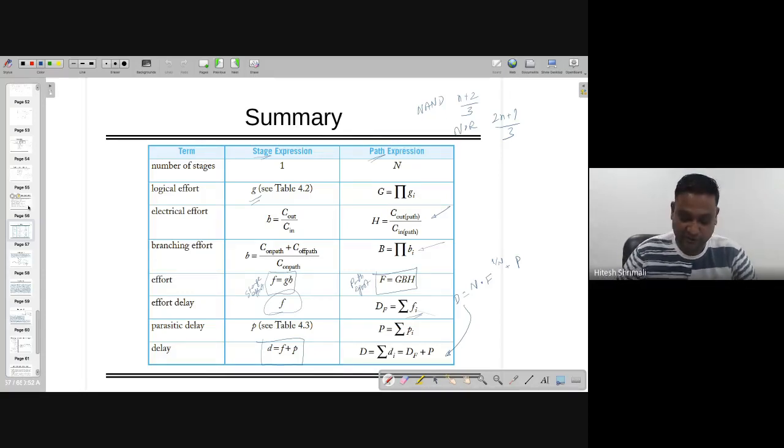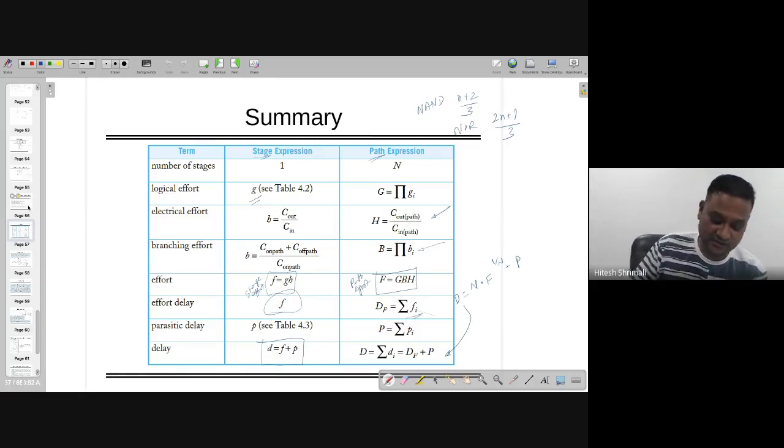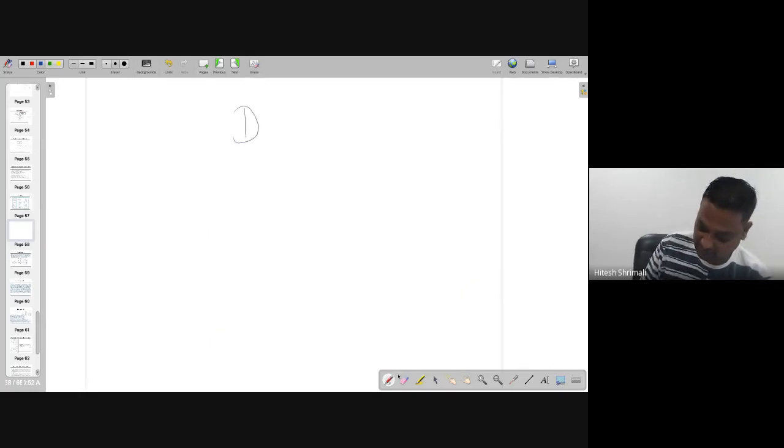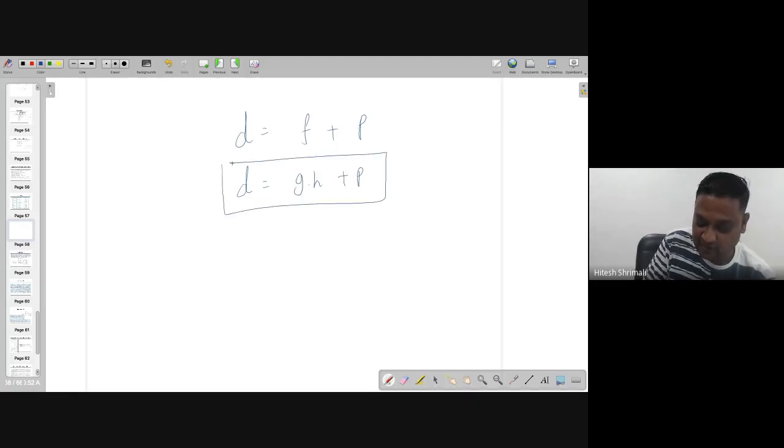So that's all for today, because all these things are composed of so many equations, but the main equation is this one. For the path, D is equal to F plus P, where F is nothing but G times H, plus P. This is for a single stage.